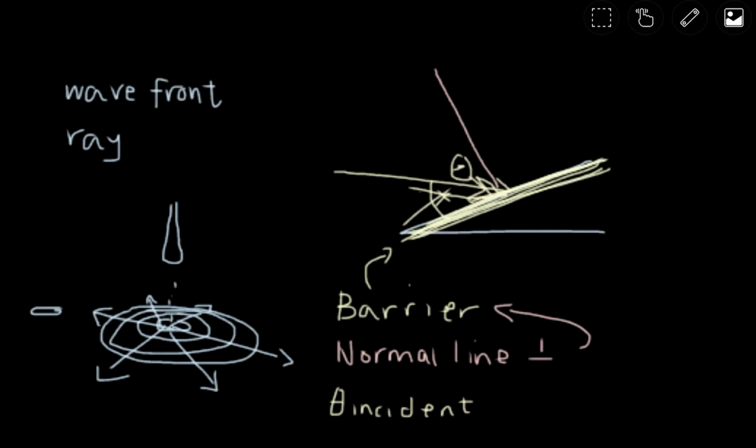So it's not here. The angle of incidence is measured from the normal line, which is an imaginary line perpendicular to the barrier. And then this will be our reflected angle, which is going to be the same as our incident angle. Okay.